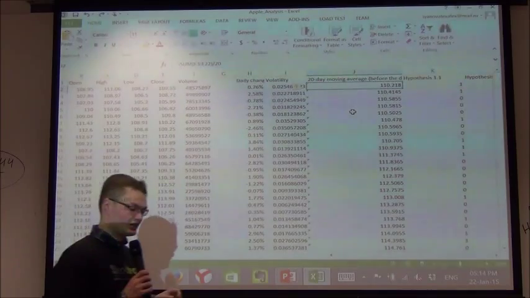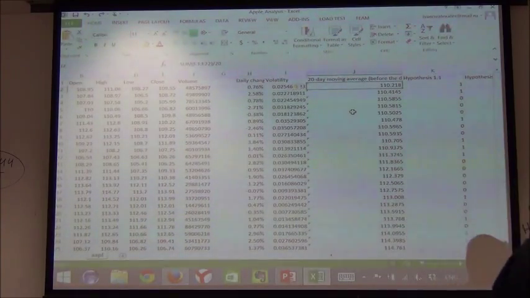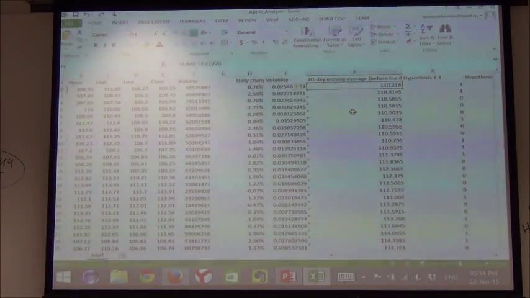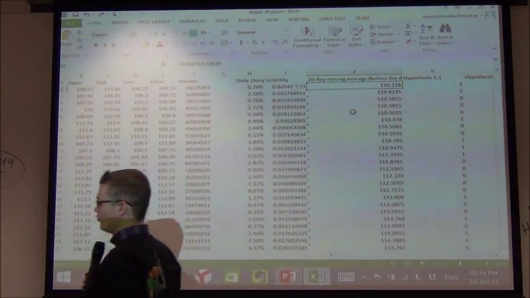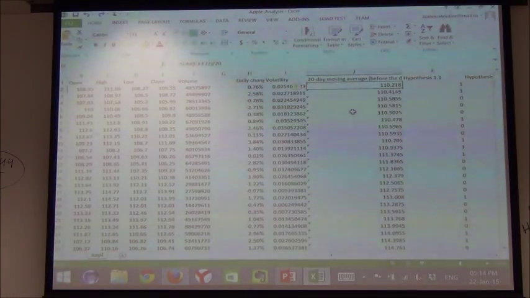Remember that in the second class we were talking about trends and how we can use the concept of moving averages in trends. Here I just use a very simple approach.